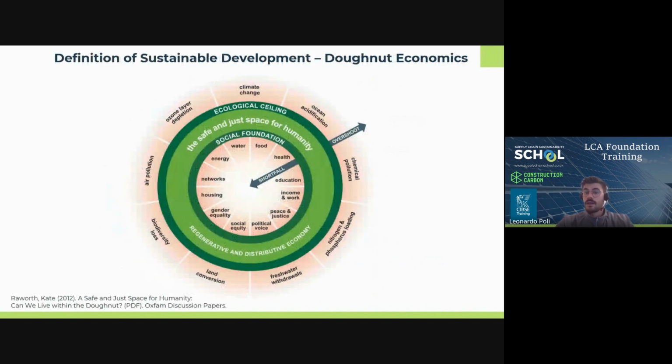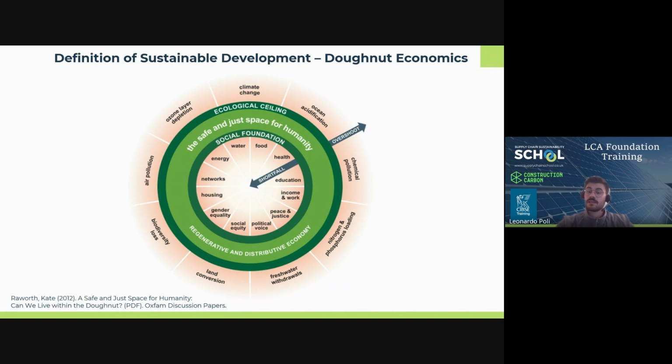The donut is a visual framework for sustainable development that combines the concept of planetary boundaries with the complementary social boundaries. It is named after the shape of the diagram, so a disc with a hole in the middle. The donut consists of two concentric rings.